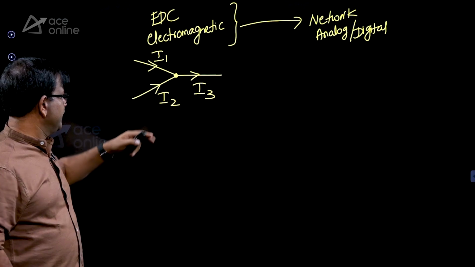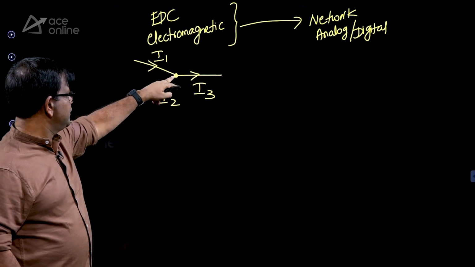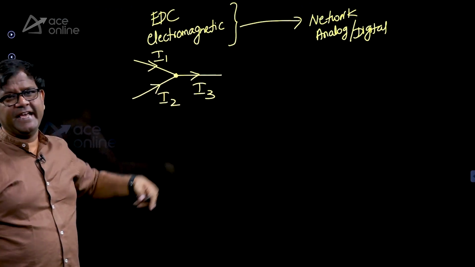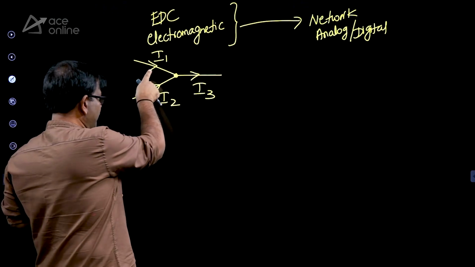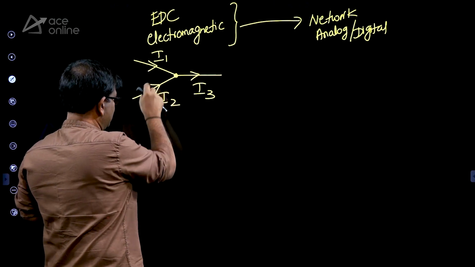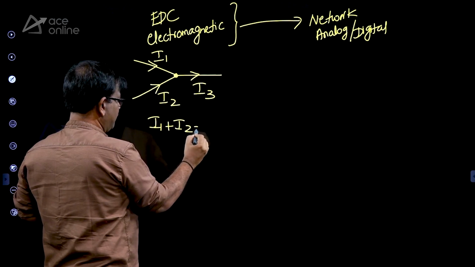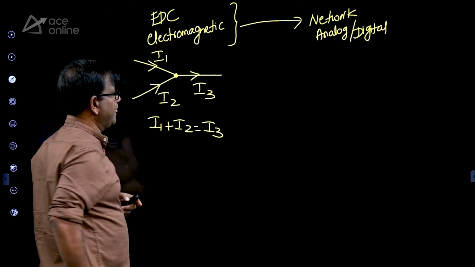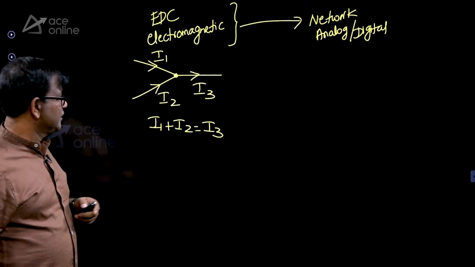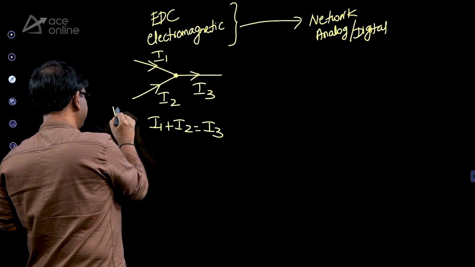It will be surprising, but at this node, if at all you want to apply KCL, since you have allotted a unique value of current, so what is KCL? The currents entering is equal to the current leaving. So this law is called the KCL.